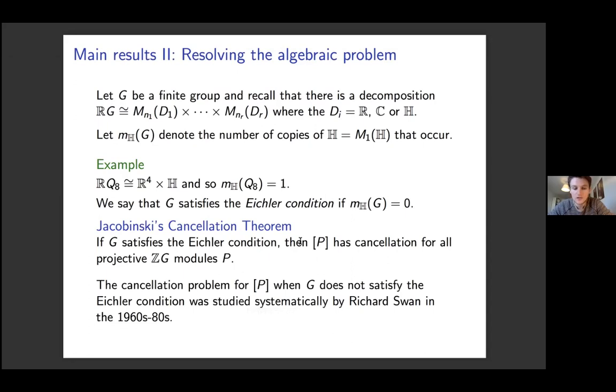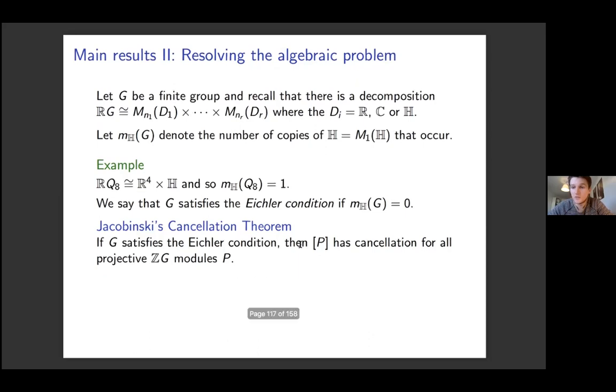Okay, and I'll just note that the cancellation problem for P when G does not satisfy the Eichler condition was studied systematically by Richard Swan in the 1960s to 80s. It turns out that in the case of groups with 4 periodic cohomology, many of them don't satisfy that Eichler condition.